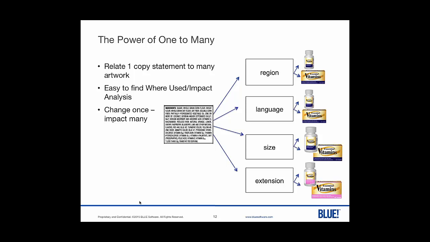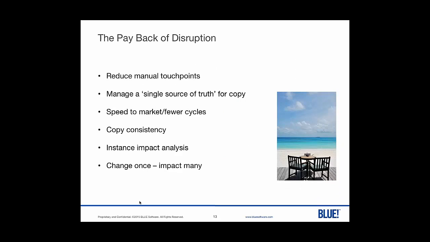So why do this? What's the payback of introducing this kind of disruption into your business? The first is the manual touch points. I don't think that we're anywhere close to getting to eliminating the quality checks and balances that we have in place, and those tools will still be needed. What we're trying to do here, though, is to reduce potential issues from being introduced into your process.